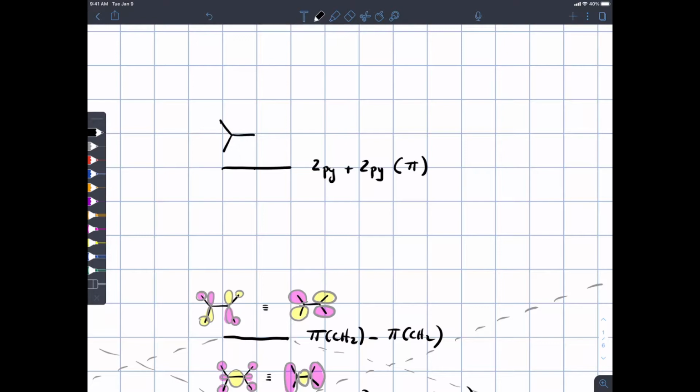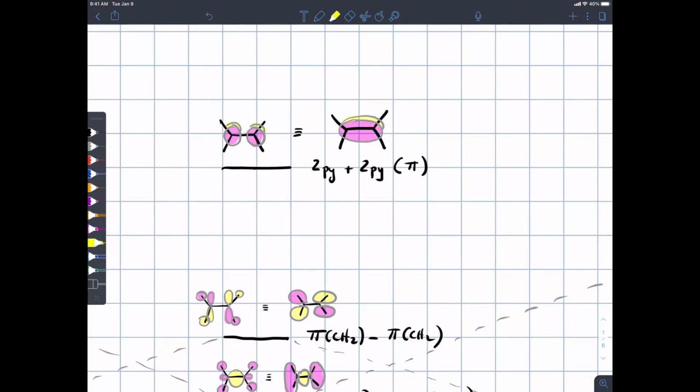If you were to draw this, you would simply see lobes above the plane of the page in phase, and then below the plane of the page also overlapping with each other in phase, but there's a change in wave function sign in the plane of the page. This is the typical pi bond, and if we were to represent what that looks like, there would be a continuous lobe of electron density above the plane of the page and below the plane of the page with a node in the plane of the page.